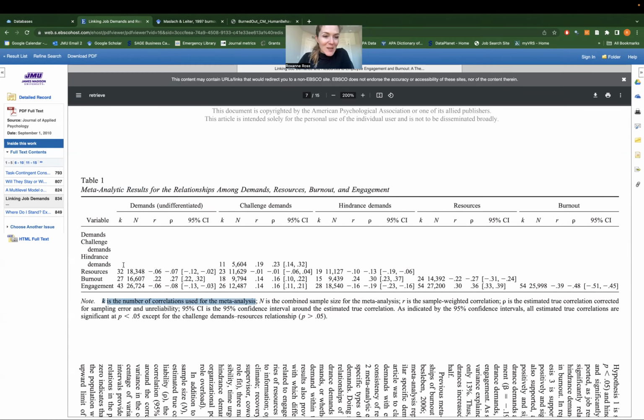So in this case, we see 32 studies were aggregated to give us a relationship between these variables. So let me back up here actually, and let's learn about how we find the statistics related to the variables of interest for us.